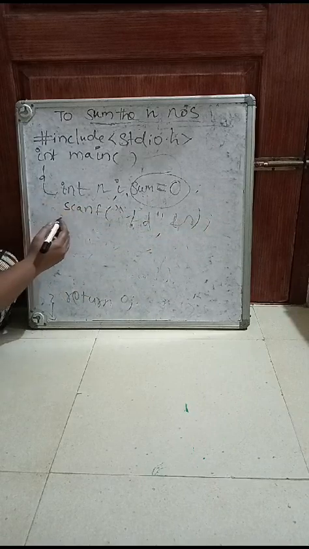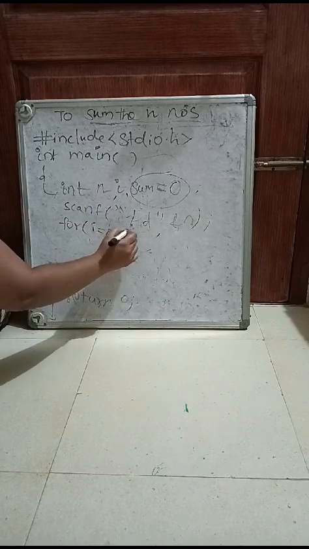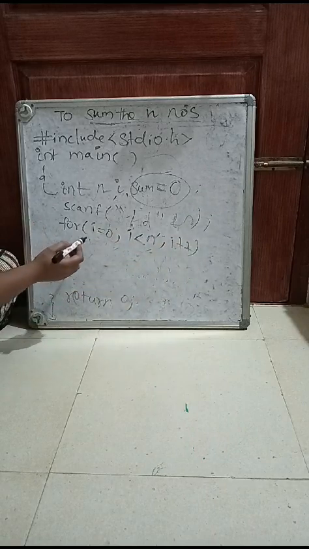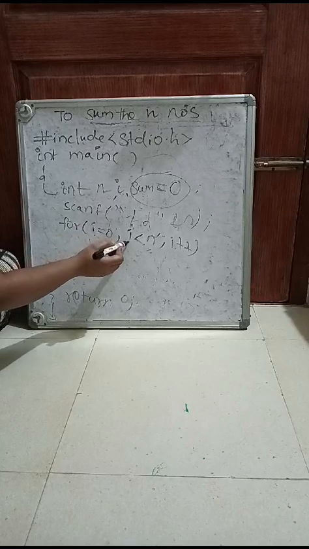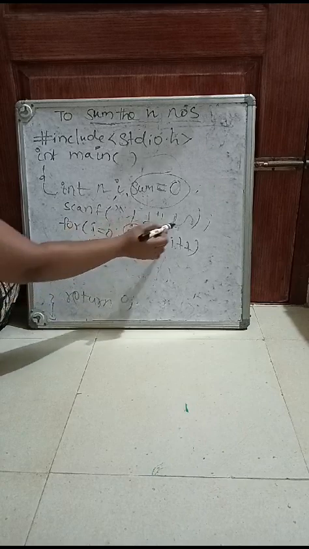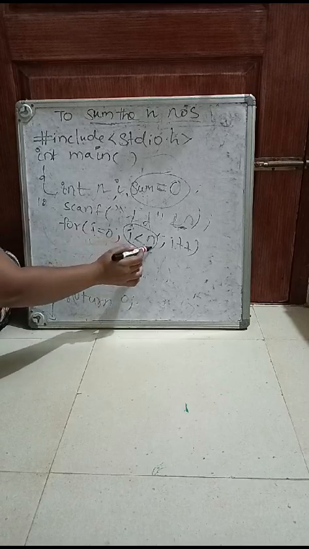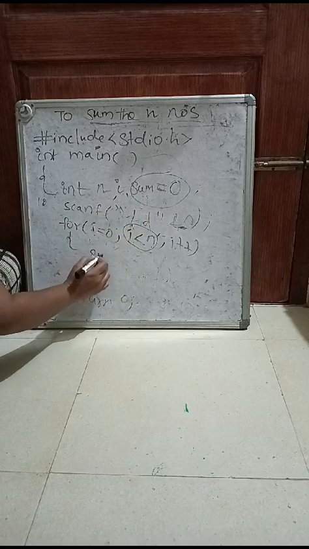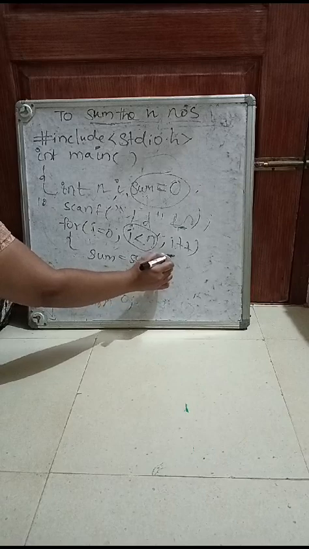After that, for i is equal to 0, i less than n, i plus plus, which means I have initialized the value of i to 0 here, and I am checking the condition whether i is less than n. n is nothing but the total value, for example 10. If it is less than 10, then what I am going to do? I have to do the repeated addition. So sum is equal to sum plus i.